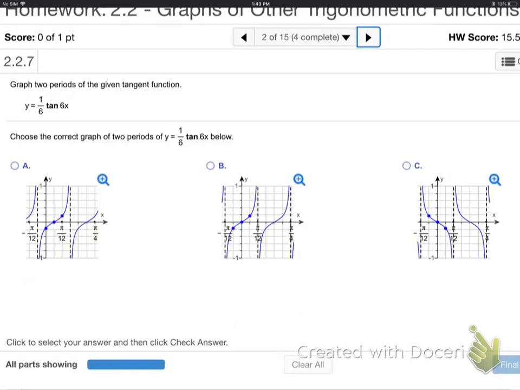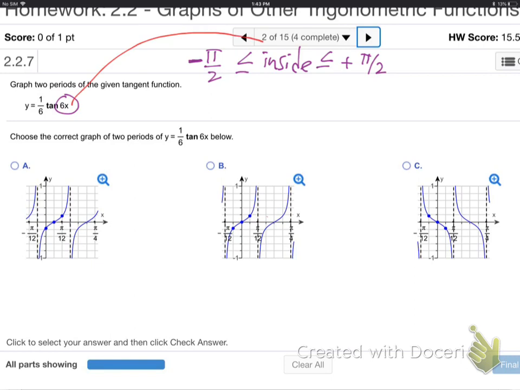Okay, so they're giving me 1/6 tangent 6x. They want me to say which of those graphs, multiple choice, is the right graph. So what are we supposed to do? It's all about finding those two vertical lines. So you grab the inside and you say, hey, inside, which is the 6x, you have to be between negative pi over 2 and positive pi over 2.